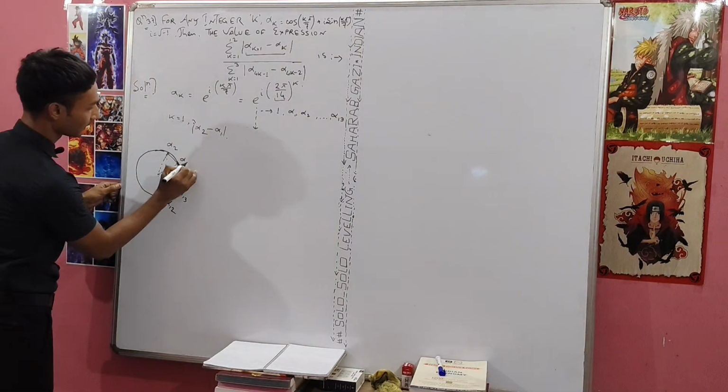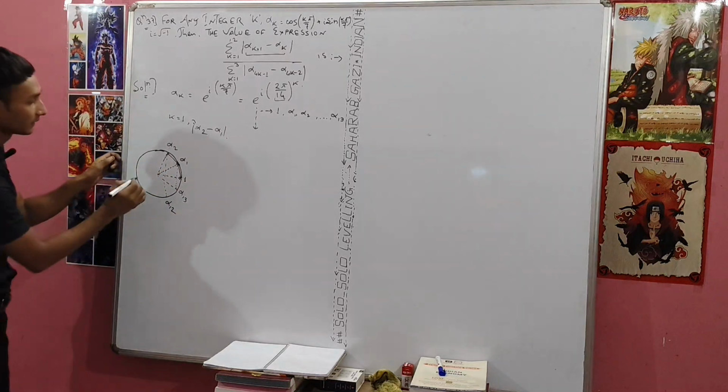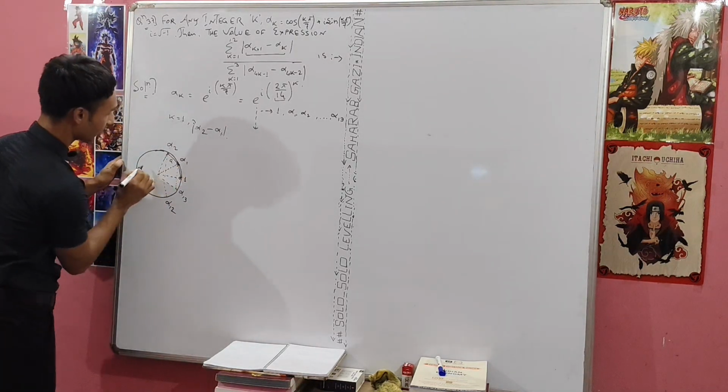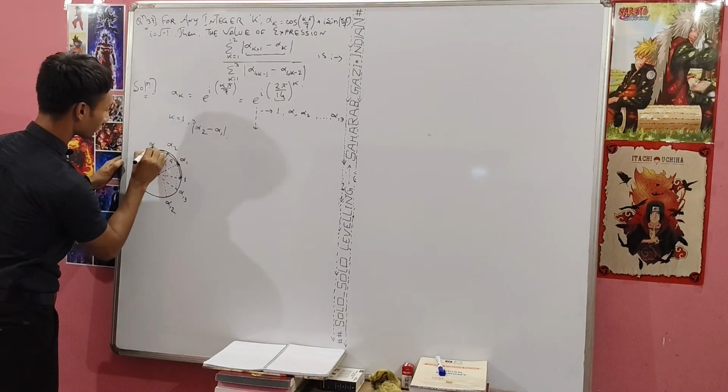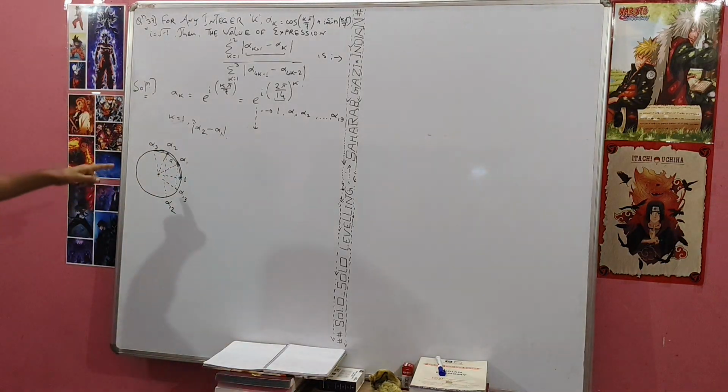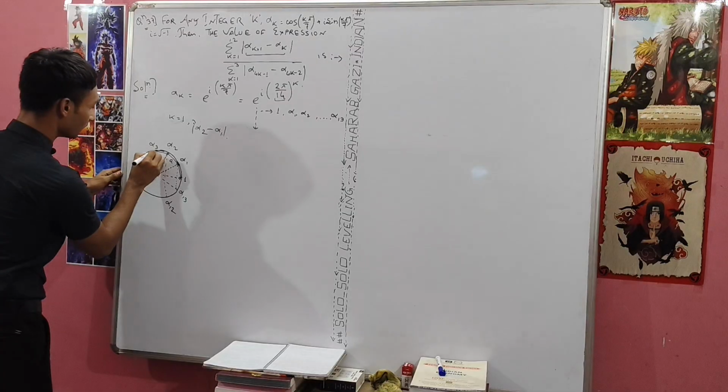Alpha 2 is this, alpha 1 is this, and this distance, let's assume, is the distance. Now alpha 3 is somewhere here, and this is also the same distance.